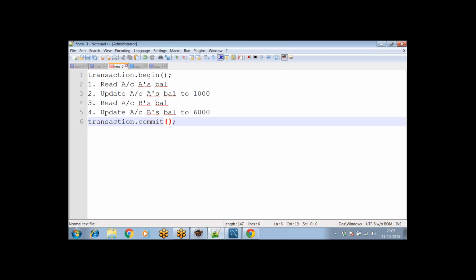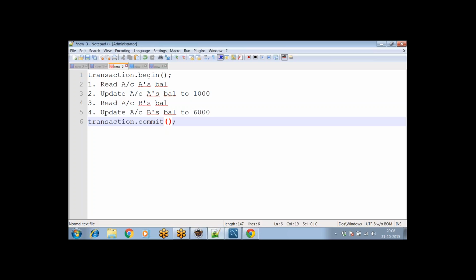This way you can draw the transaction boundaries and define a transaction unit.